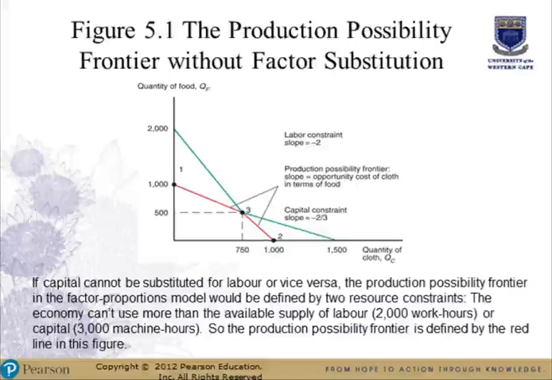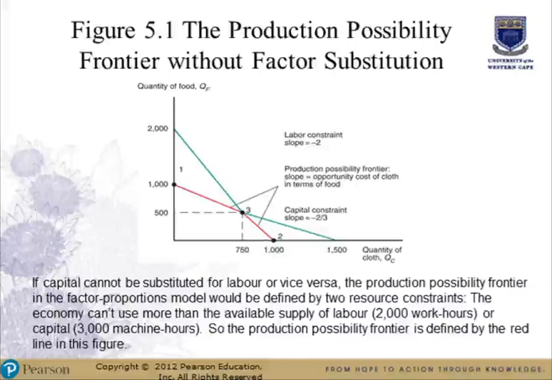On the other hand, if the economy specializes in cloth production, it will produce a maximum of 1000 units, point 2, with an excess of 1000 machine hours.